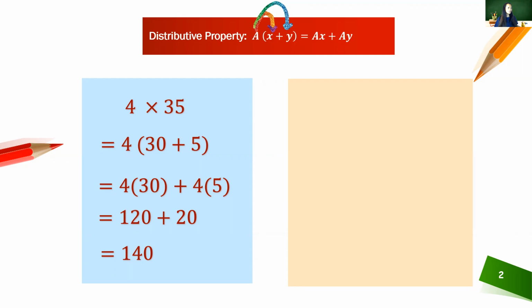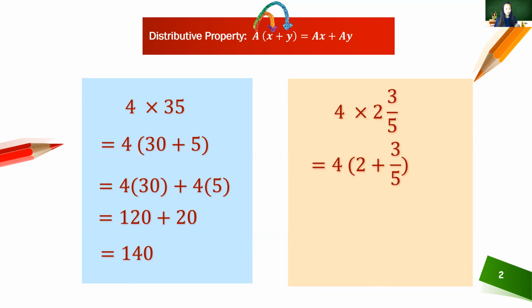Now, let's extend this type of thinking to fractions, what we're learning in this unit. For example, if you have 4 times 2 and 3/5. Well, when I say 2 and 3/5, that means 2 plus 3/5, right? So this problem is the same as 4 times 2 plus 3/5.